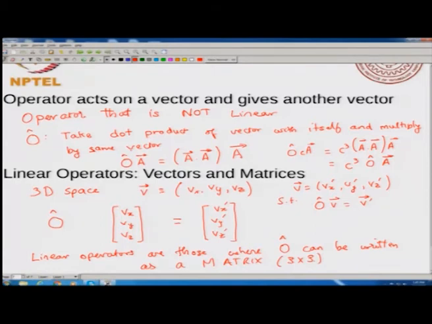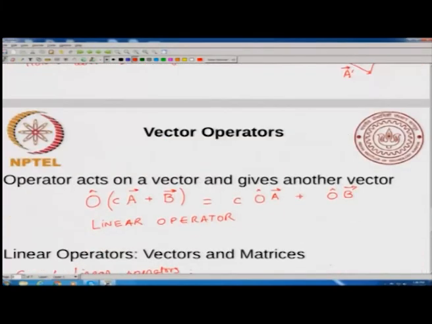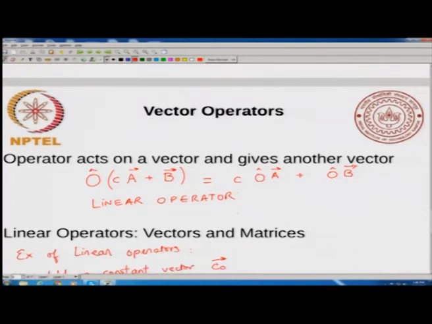So for linear operators you can generally write this operator O as a 3 by 3 matrix. An arbitrary linear operator in 3D space can be written as a 3 by 3 matrix, and you can easily show that if you write this operator as a 3 by 3 matrix, then the condition for a linear operator will hold.